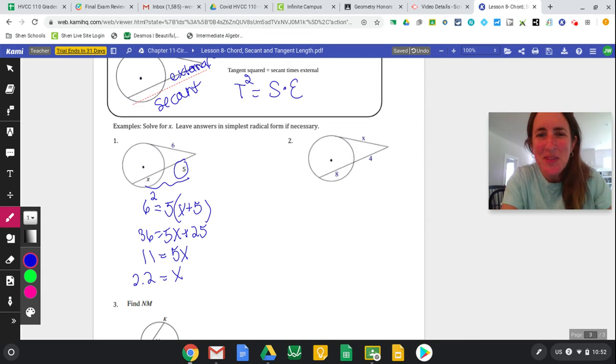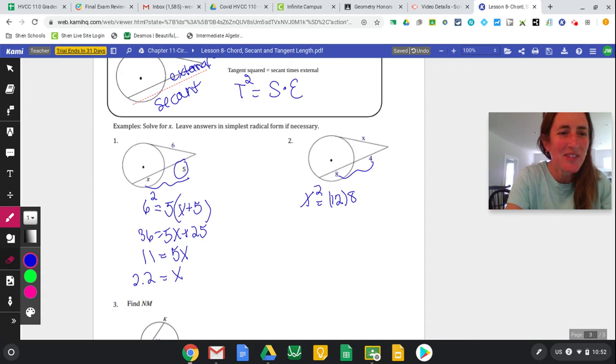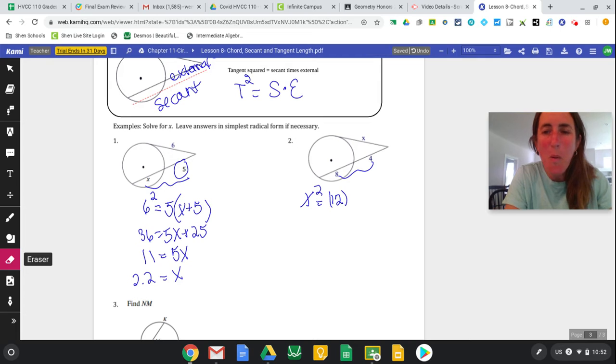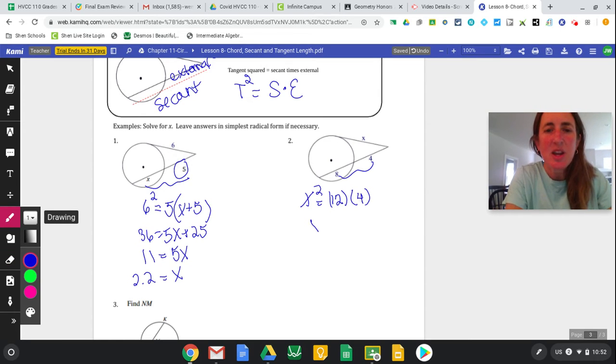Let's try this one. Okay, so now we have x squared, tangent squared. This whole guy is 12 and its external is 8. Just kidding, bad teacher. That's the internal, please. We want the 4, right? Okay, so we want to times it by 4. So now I have x squared equals 48.